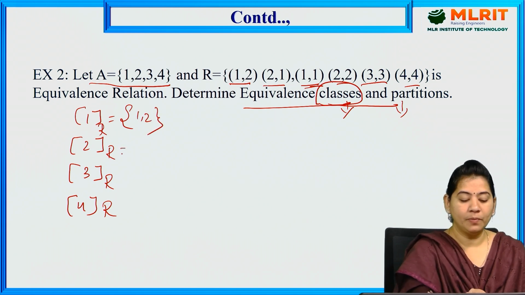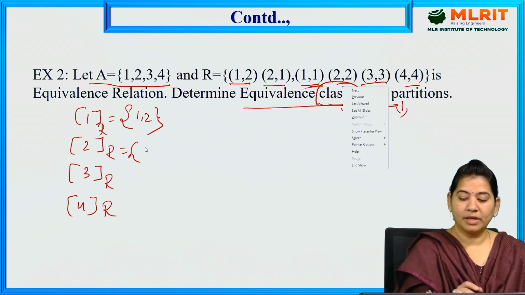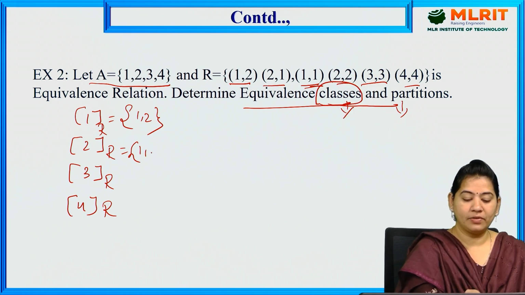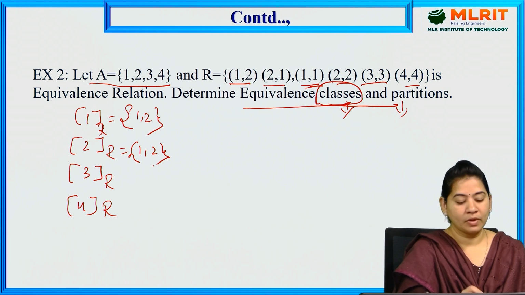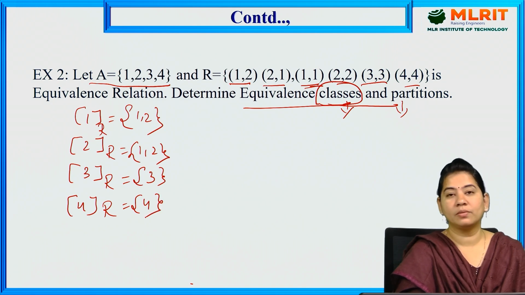And 2 is related to 2 and also 1, but not with 3 and 4, that's why we get {1, 2}. Next, 3 is related to only 3 and 4 is related to only 4. So these are the equivalence classes.